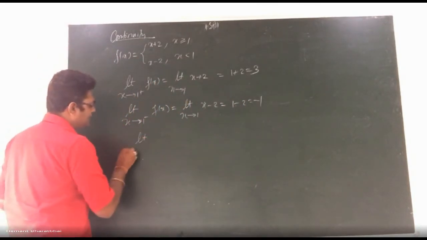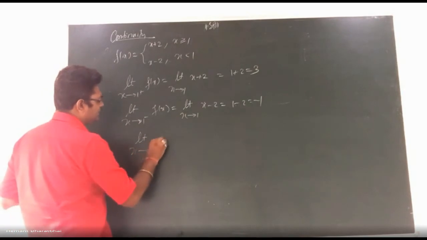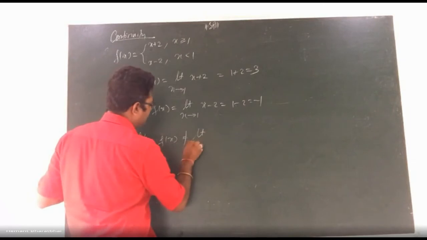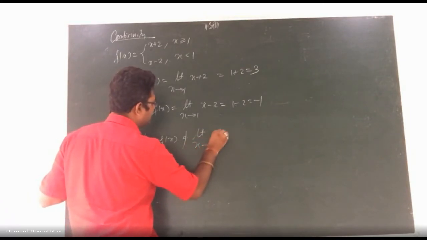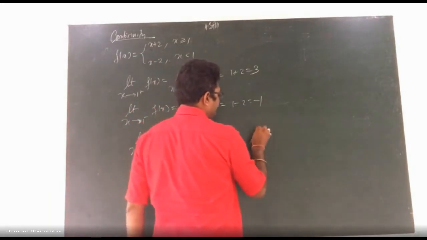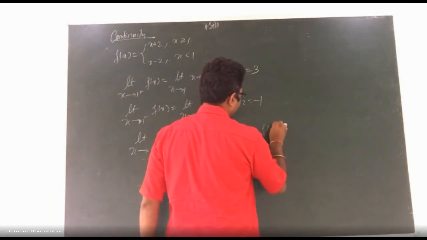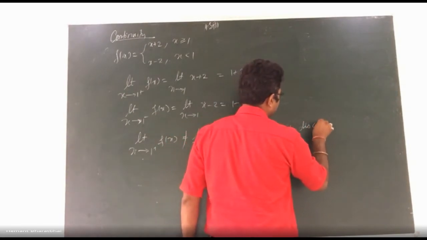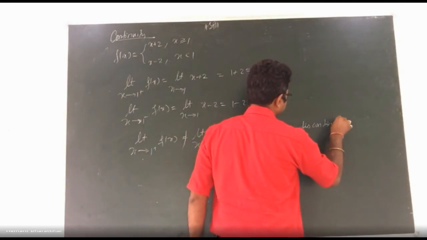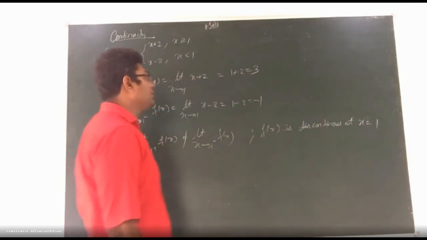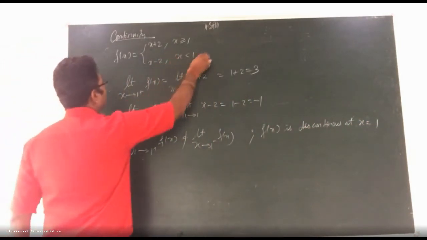So we get that limit of x tends to 1 plus f of x is not equal to limit of x tends to 1 minus f of x. Hence, by the first definition, the given function f of x is discontinuous at x is equal to 1, because they told us to inquire at this point.